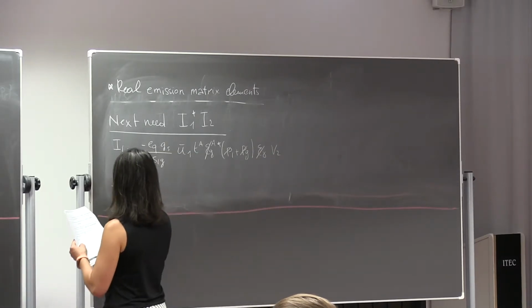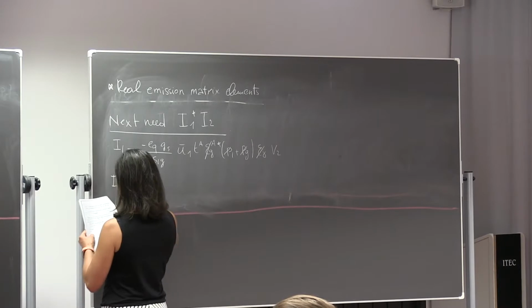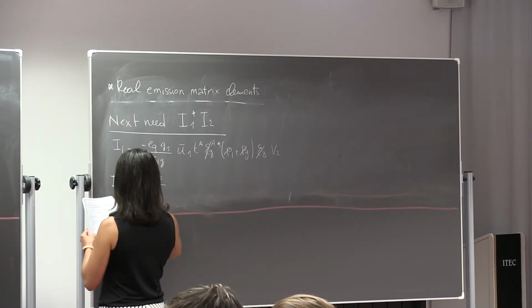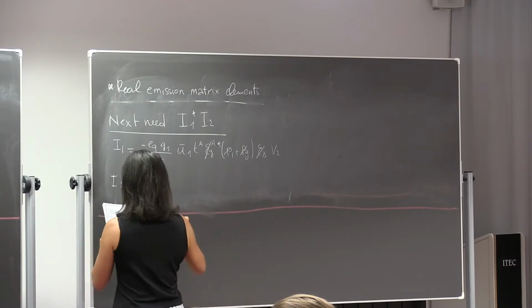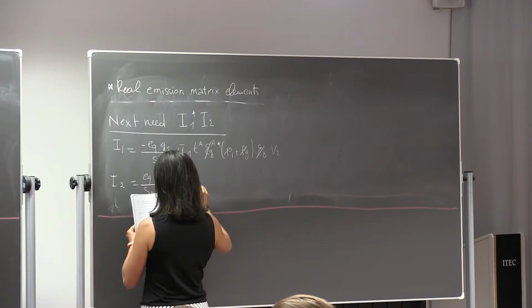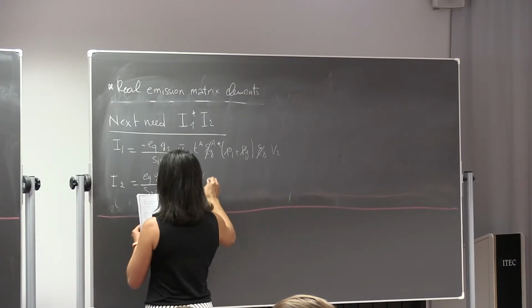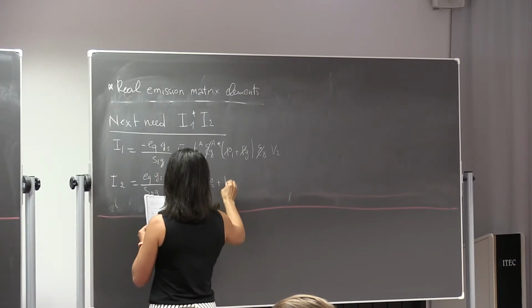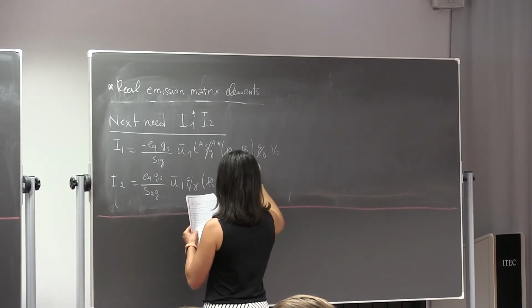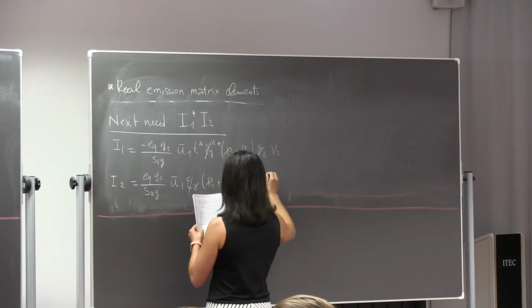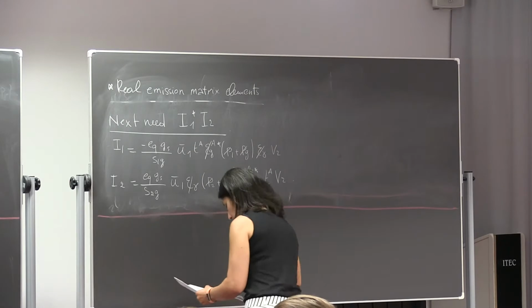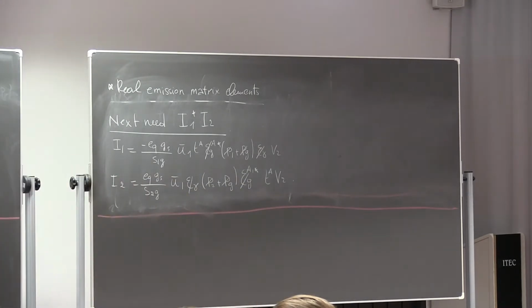That's I1, I2 is EQ GS over S2G U bar 1, and now we take the product of I1 star times I2.